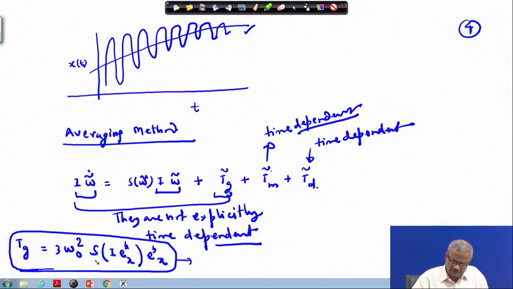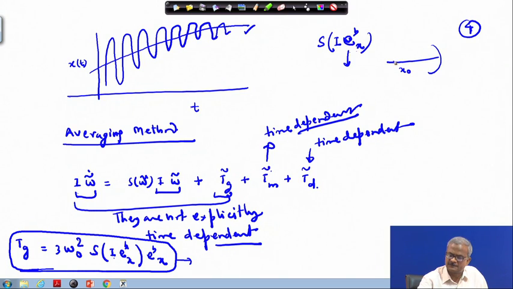So, as usual I is your inertia matrix. In this skew matrix you have E times E B x, it is written like this. So, this is nothing but your due to the gravity gradient, this is your x 0 direction. If you remember from the gravity gradient chapter that we have written this as I 1 times omega 1 dot, on the right hand side the gravity gradient appeared with a negative sign.